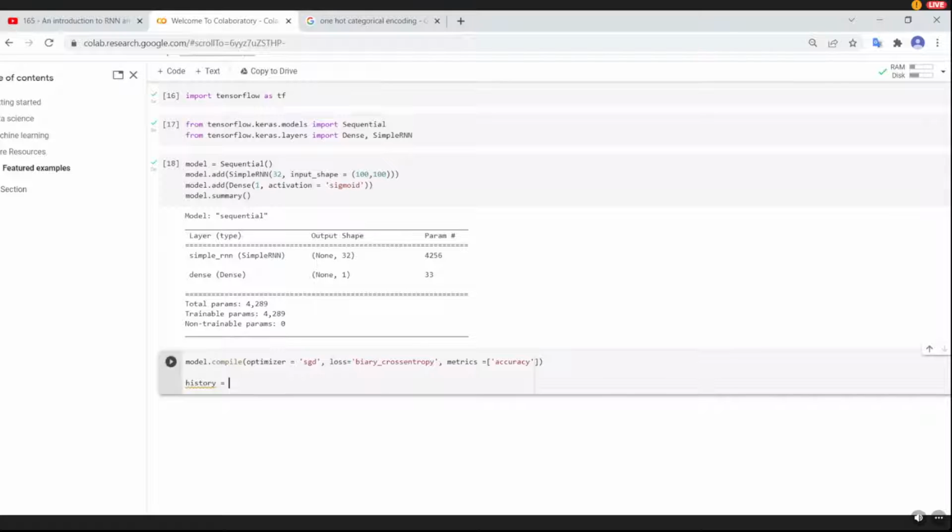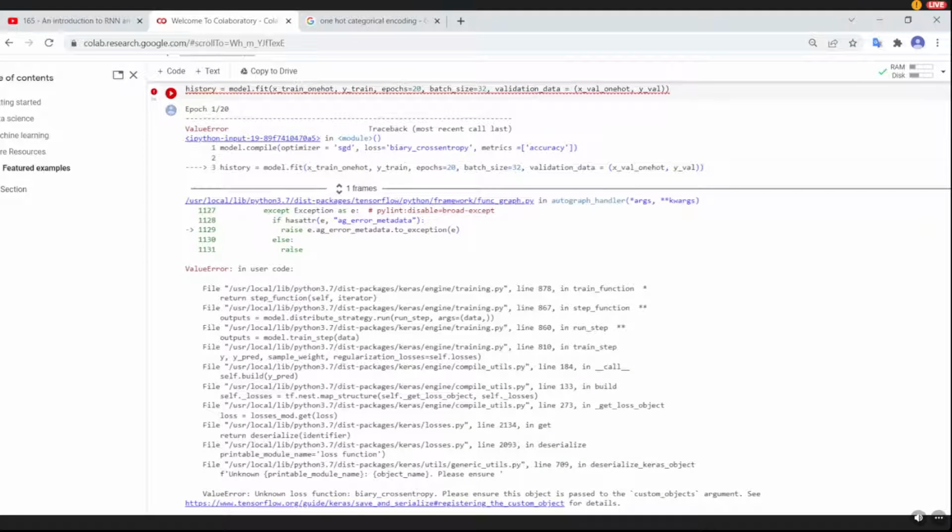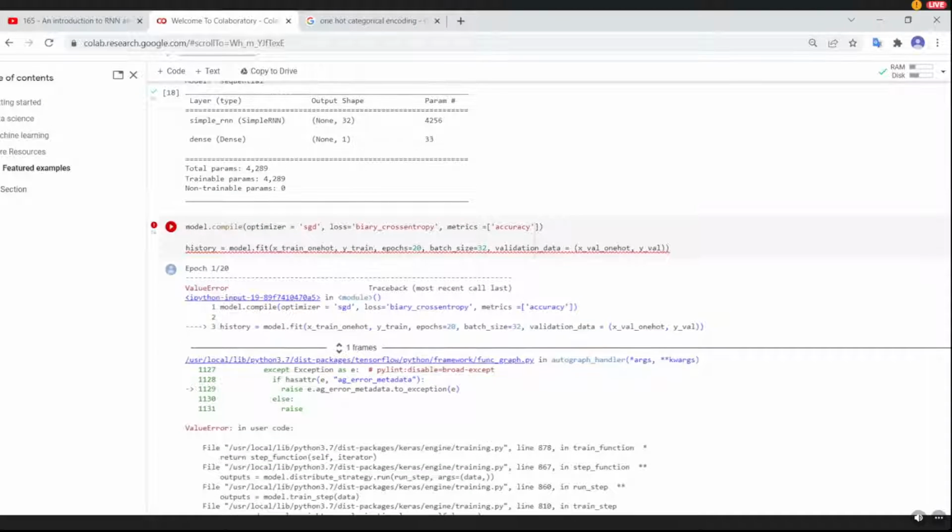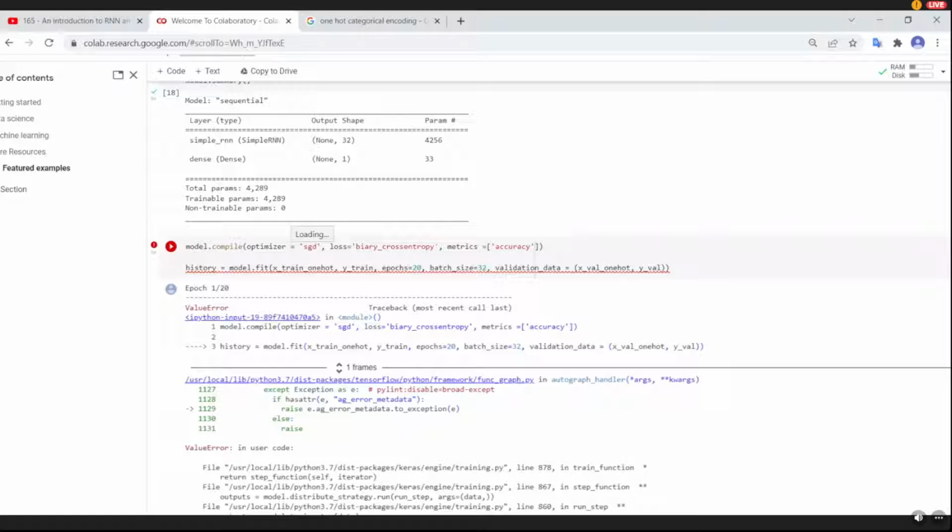history = model.fit, x_train, one-hot y_train, epochs 20, batch size 32, validation data x_val, one-hot y_val.